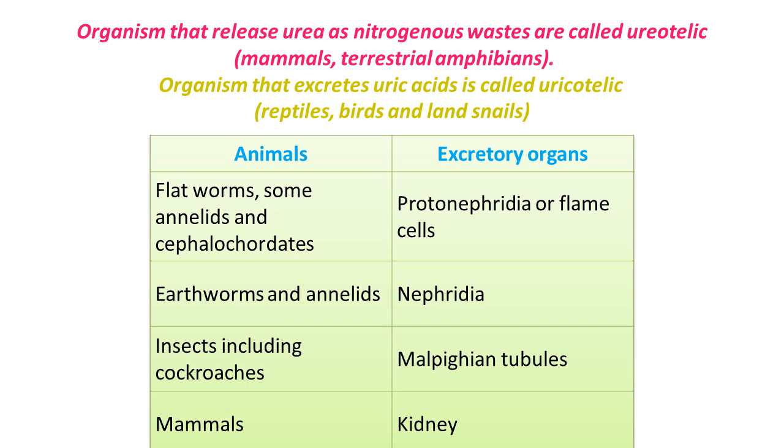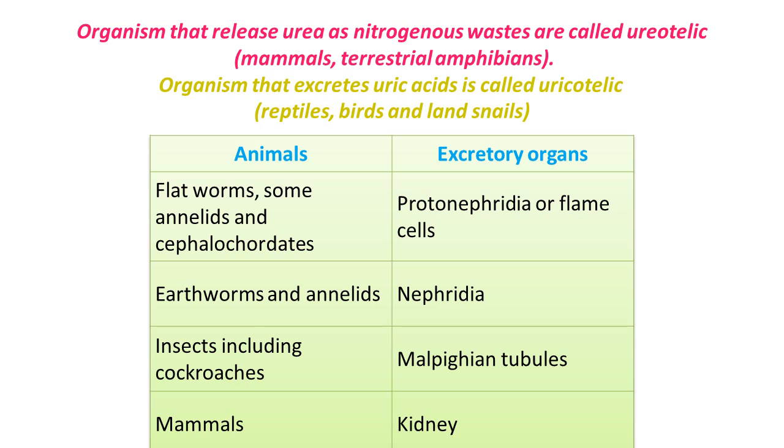Protonephridia are primarily concerned with ionic and fluid volume regulation. We can simply say it's osmoregulation. So this mechanism is carried out by protonephridia, primarily concerned with ionic and fluid volume regulation in the body of animals, which is known as osmoregulation.